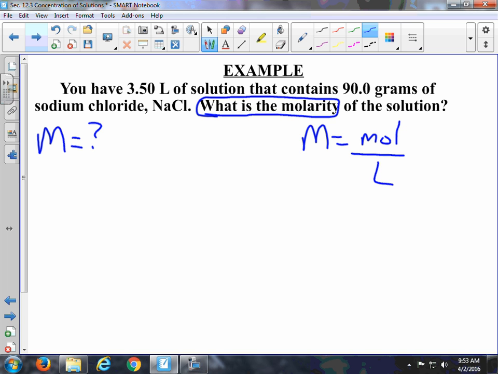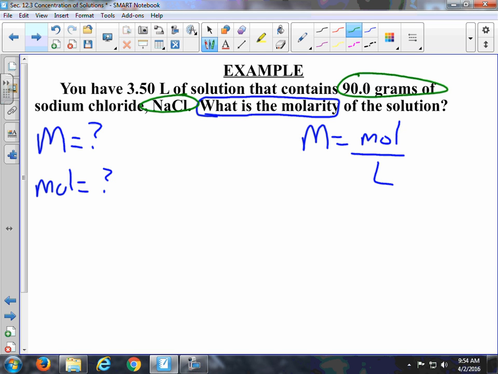Do we have moles? Does it come out and directly tell us the moles that are in this problem? It doesn't, but what does it tell us? It tells us that we have 90 grams of NaCl.